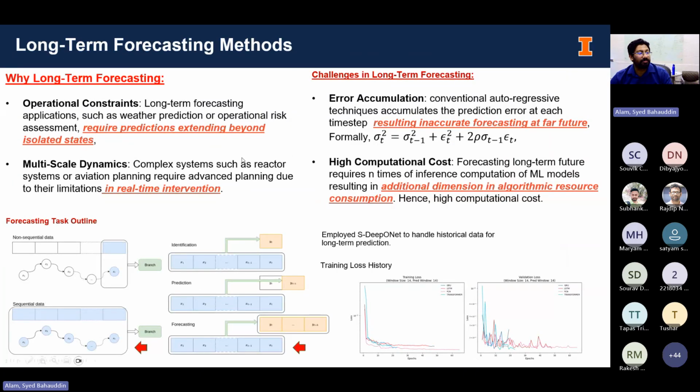For forecasting, one of our new students, Jay, just joined our group. He's now on the road, moving from California to Champaign. He's expanding that work to forecasting through non-sequential data, to see prediction beyond the isolated states, to get real-time intervention and others.